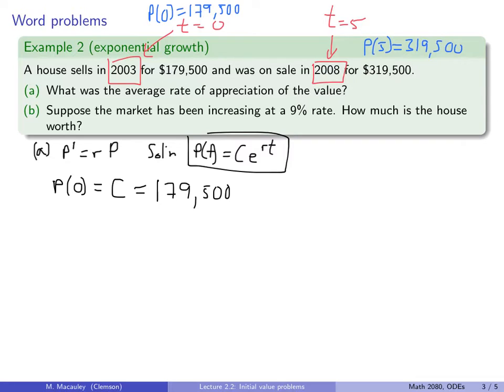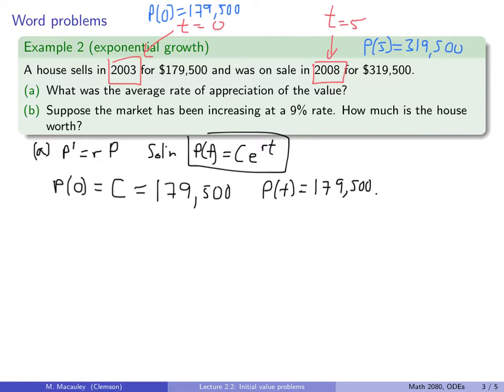So this tells us right away what c is. Now that we know c, we can say p of t equals 179,500.